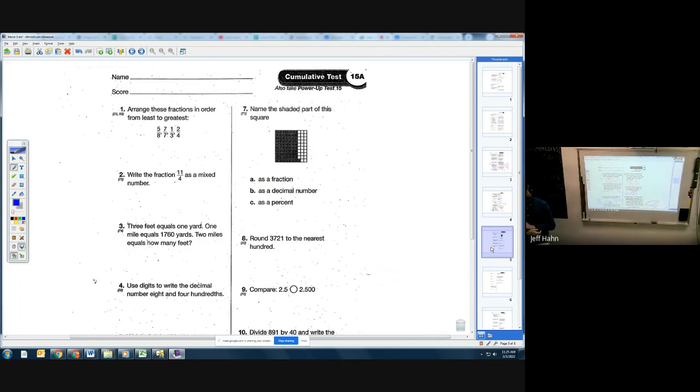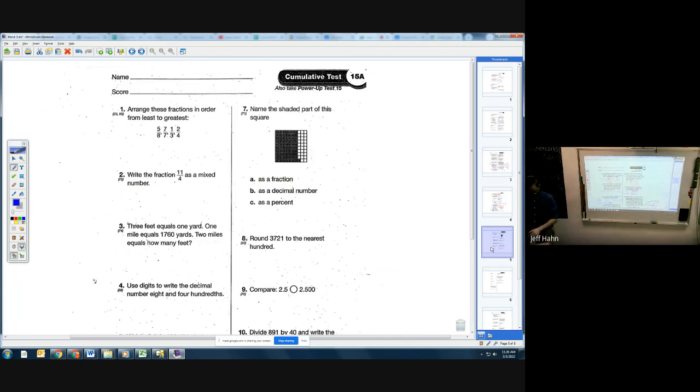2 3/4. Number 3 is 10,560 feet. Number 4, 8.04.